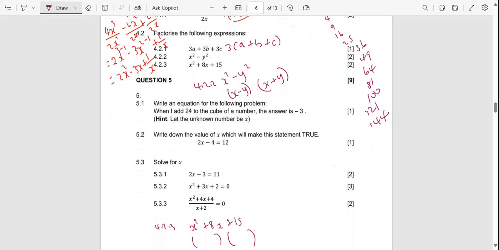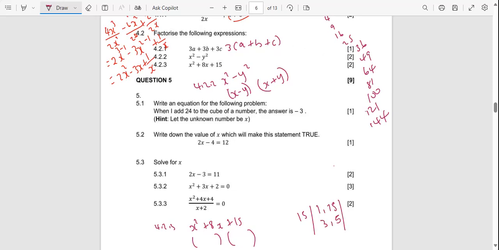The first thing that we're going to do, guys, is look for the factors of 15. 1 goes 15 times. 2 doesn't go into 15. 3, yes, 3 goes 5 times, and that's it. We're going to look for two numbers.